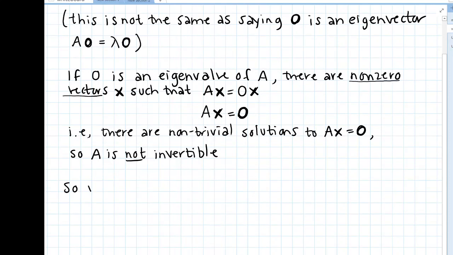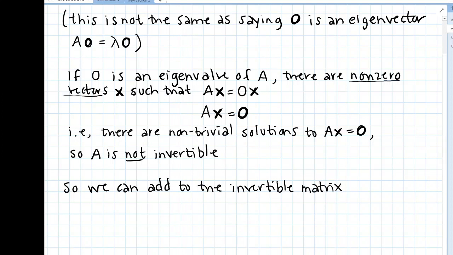We can add to the invertible matrix theorem: A does not have 0 as an eigenvalue.